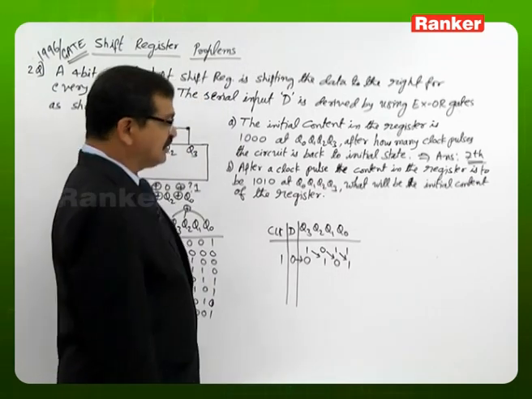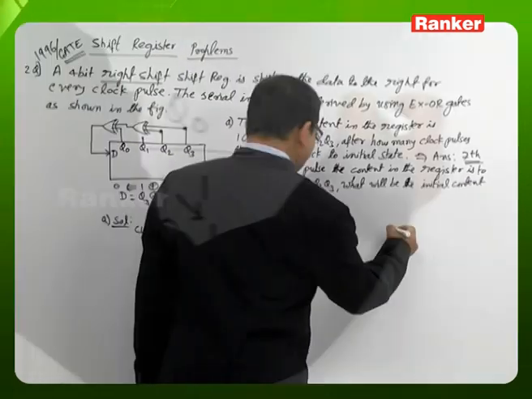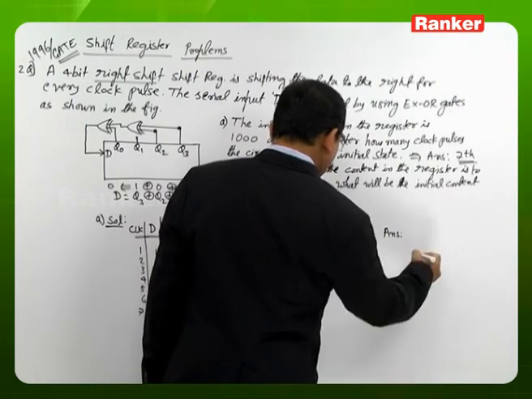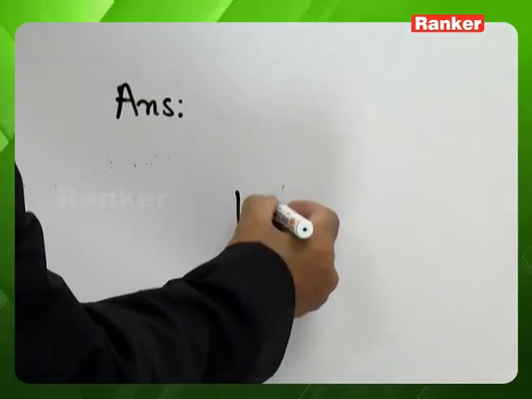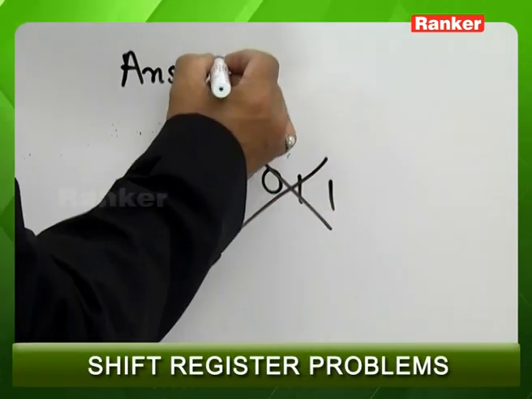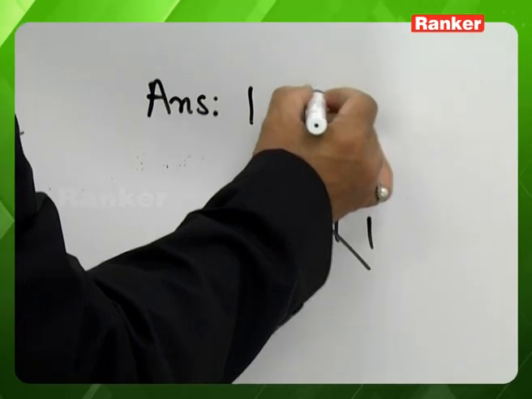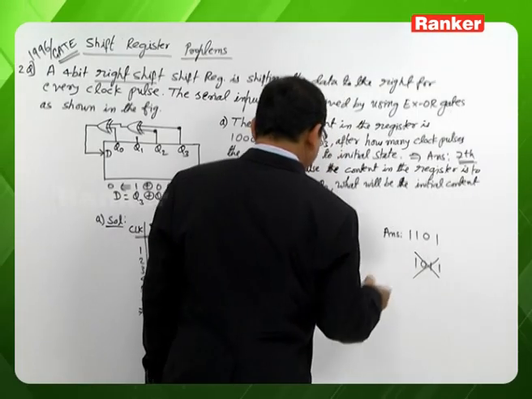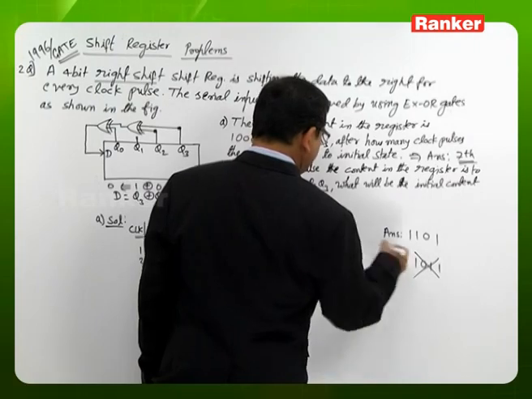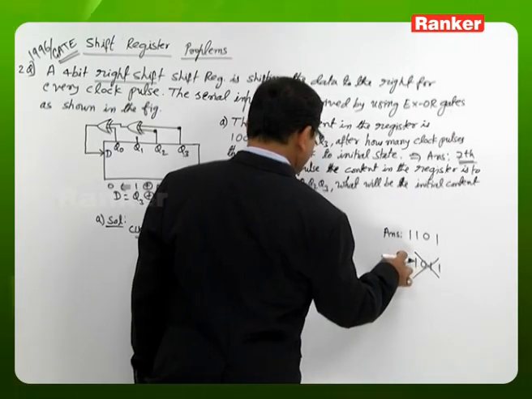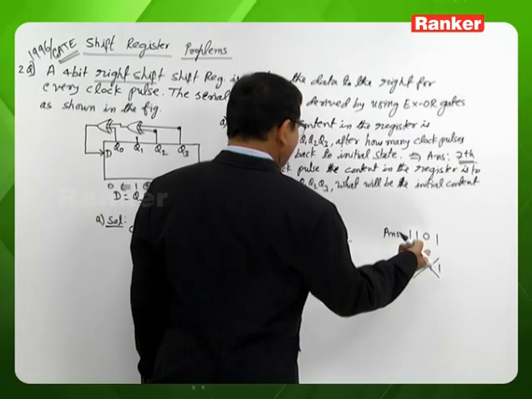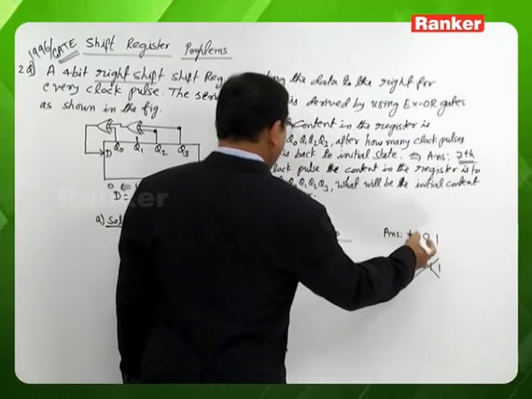Hence, the answer, by mistake people may write as 1011. It's the wrong answer. The answer will be 1101. No doubt, if it is a multiple choice question, option A may be this, option B may be this, it may be some C or D. It is the wrong option. The correct answer will be this.